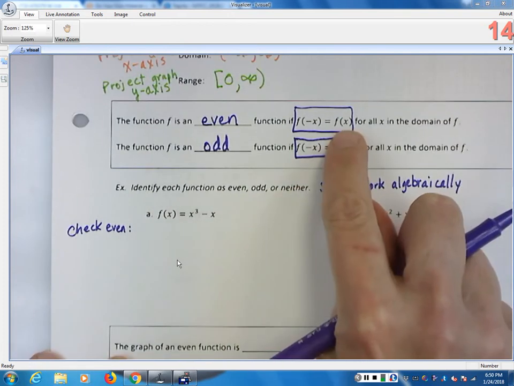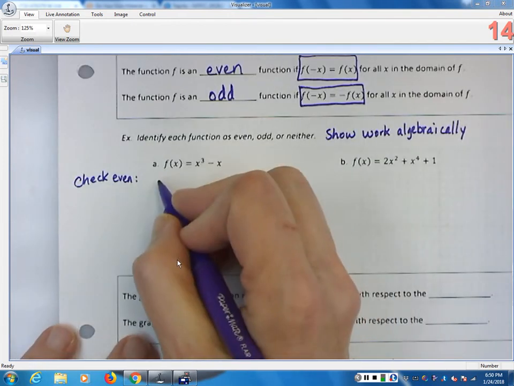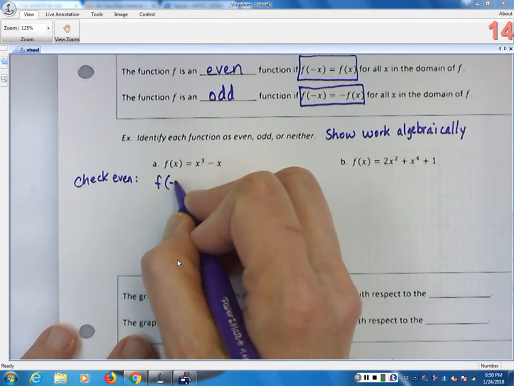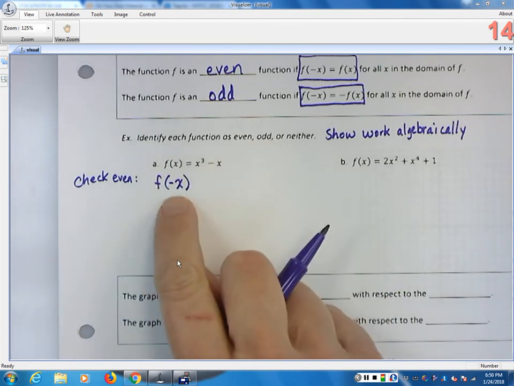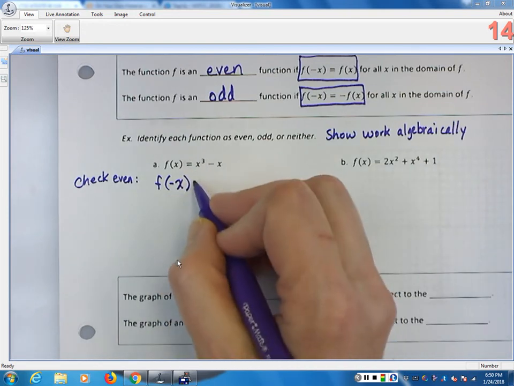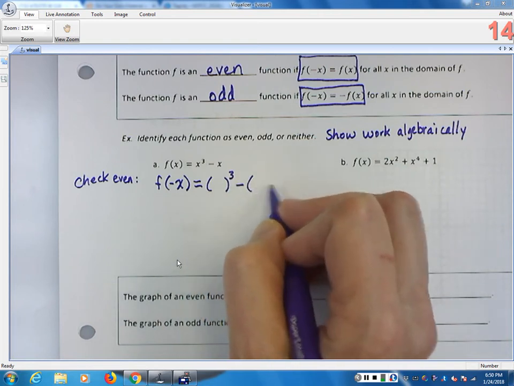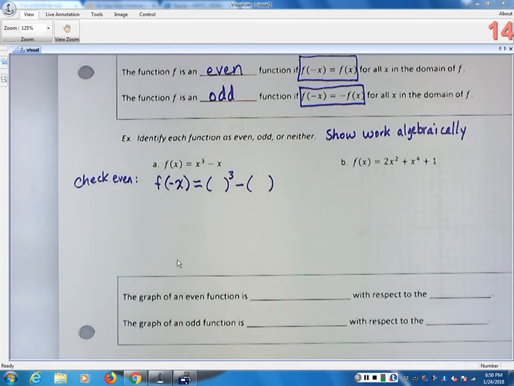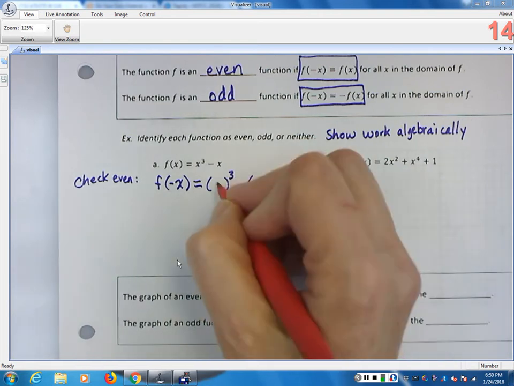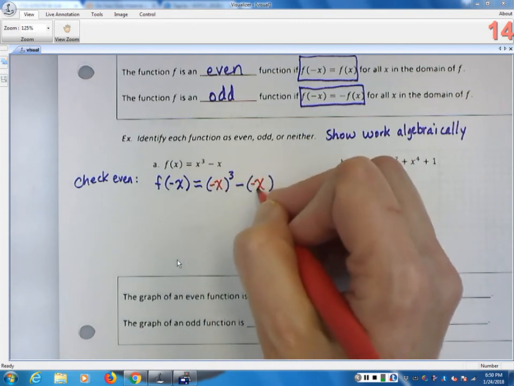We want to check this definition, so we're going to find f of minus x. This is function notation. It means everywhere you have an x in the original function, you're going to replace it with minus x.